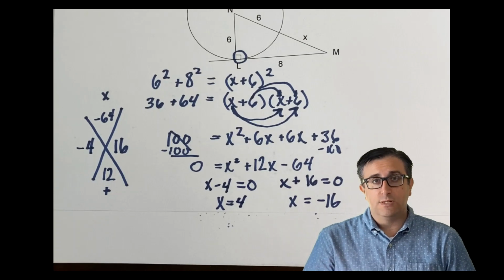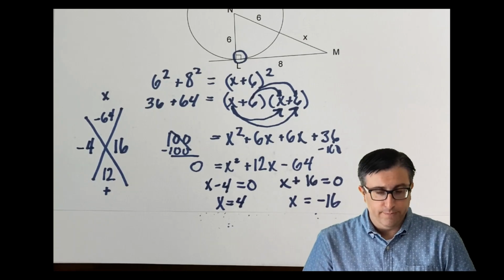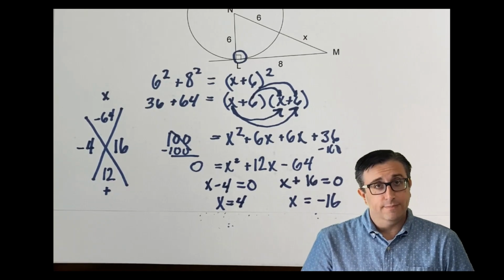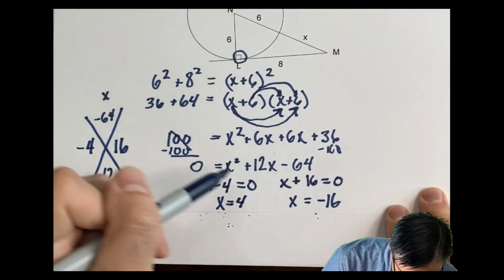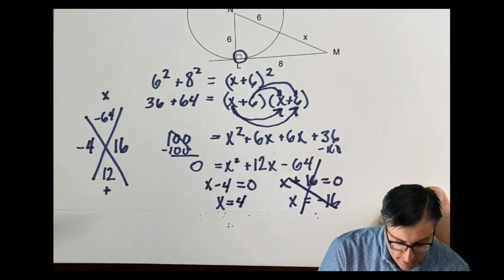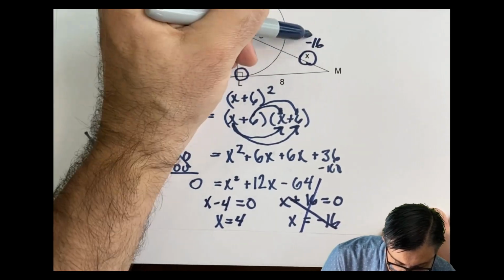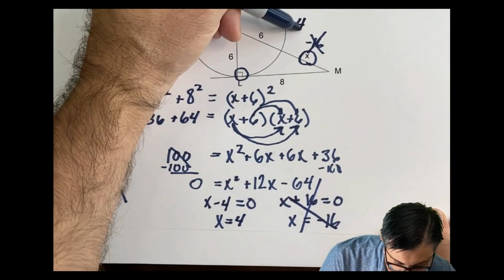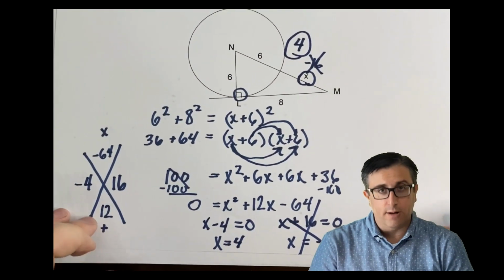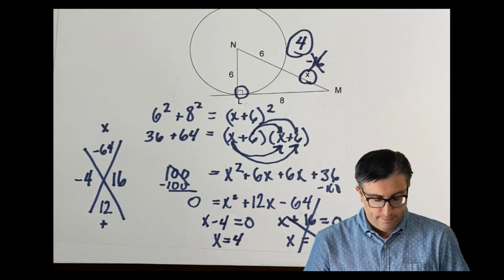Only one of those can be used in the geometry problem. Which one is it? Hopefully you said x equals negative 16 cannot be used because this section right here cannot be negative 16. That would not make any sense. So our answer to this problem is 4 and only 4.